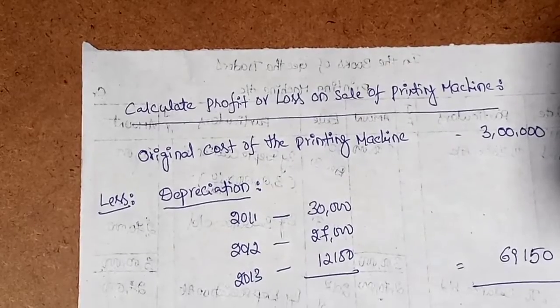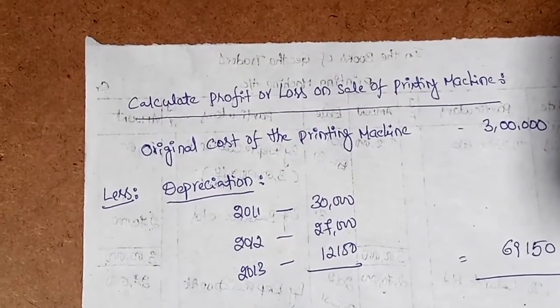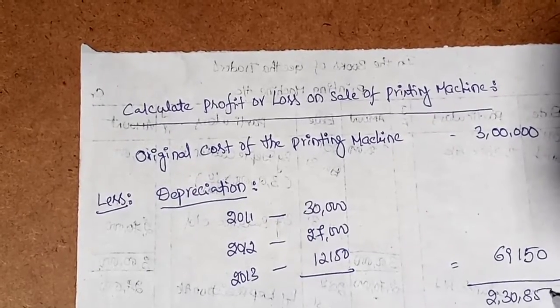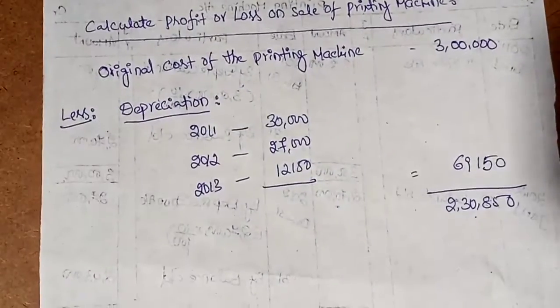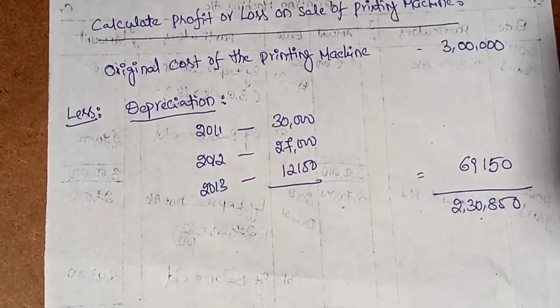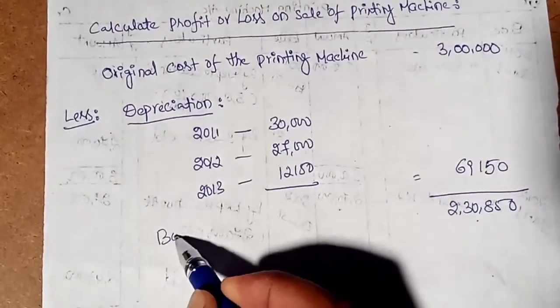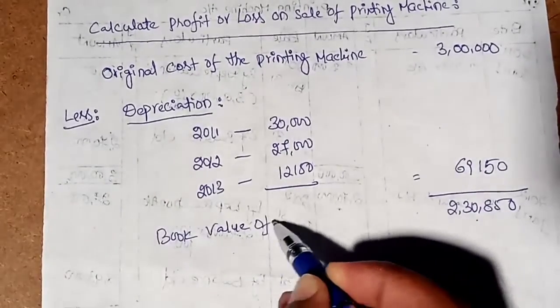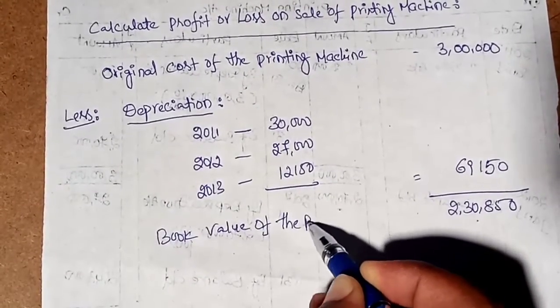The difference amount is 2,30,850 rupees. This is the book value of the printing machine.